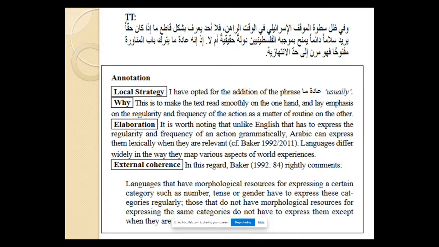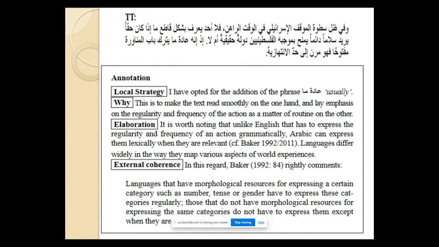Elaboration: it is worth noting that unlike English, which has to express the regularity and frequency of an action grammatically, Arabic can express them lexically when they are relevant. Source is Baker, 1992, with a subsequent edition in 2011: languages differ widely in the way they map various aspects of world experiences.